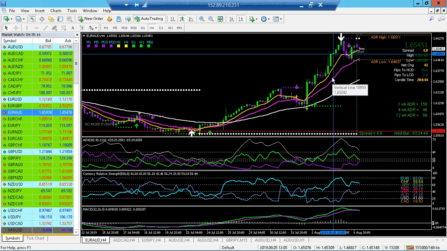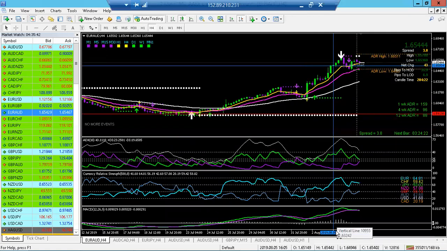Well, first off, we have to remember there's no such thing as maxed out. I've been guilty of that, and I know a lot of people are guilty of that. I looked at the previous daily support and resistance dots, and it had blown past that, and the next set of dots was maybe another 200 or 300 pips away. So it had a lot of room to keep pushing forward.